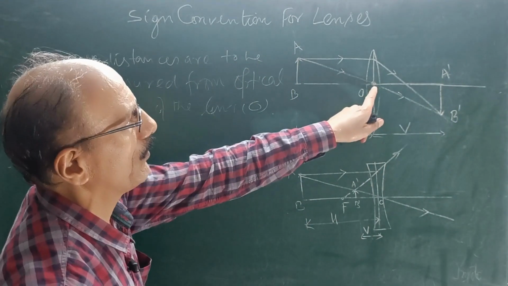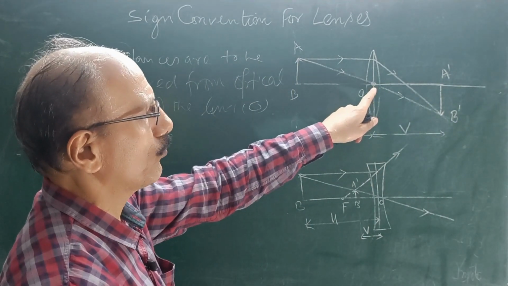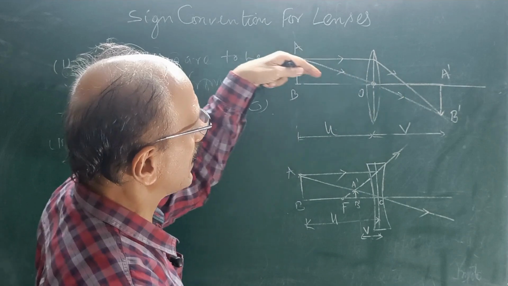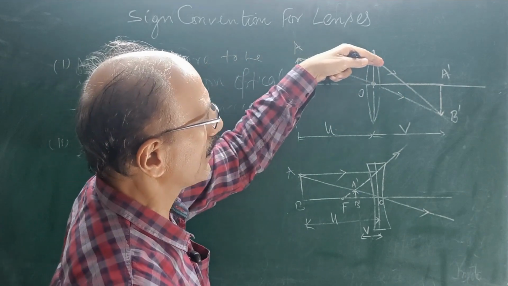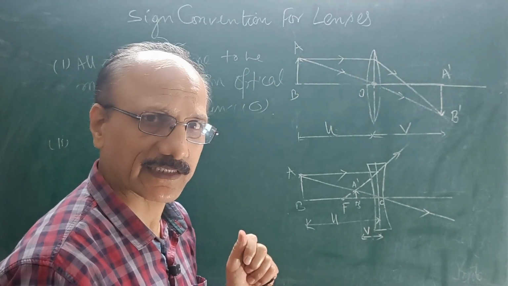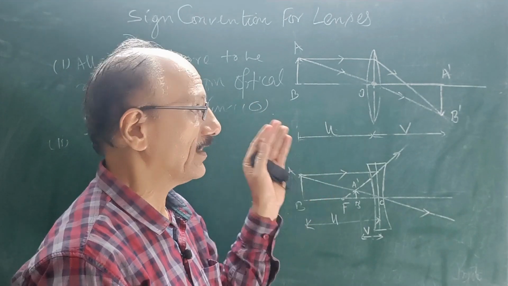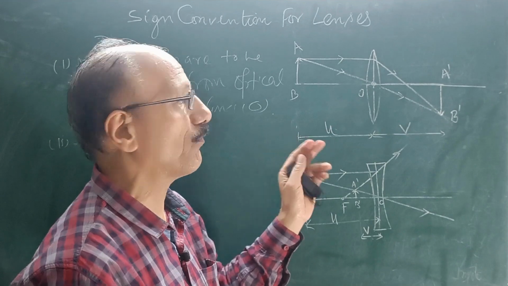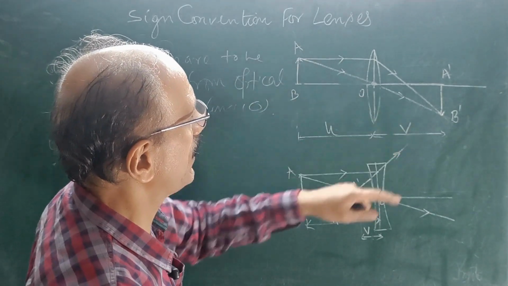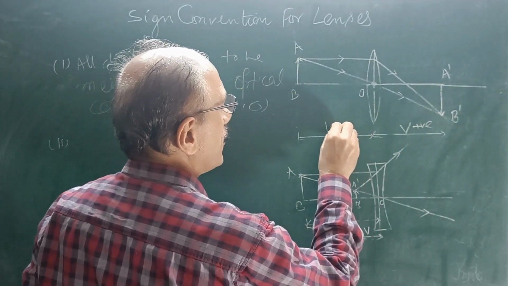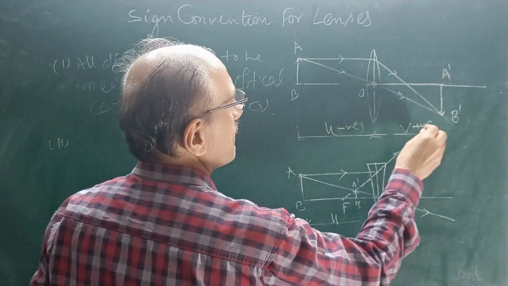When you are at O and then you move to measure this distance V, you will move this way, and the incident light is also coming in the same way. And where does the incident light always come from? It comes always from the object. That is a very, very important point. So here the V is positive and U is negative.